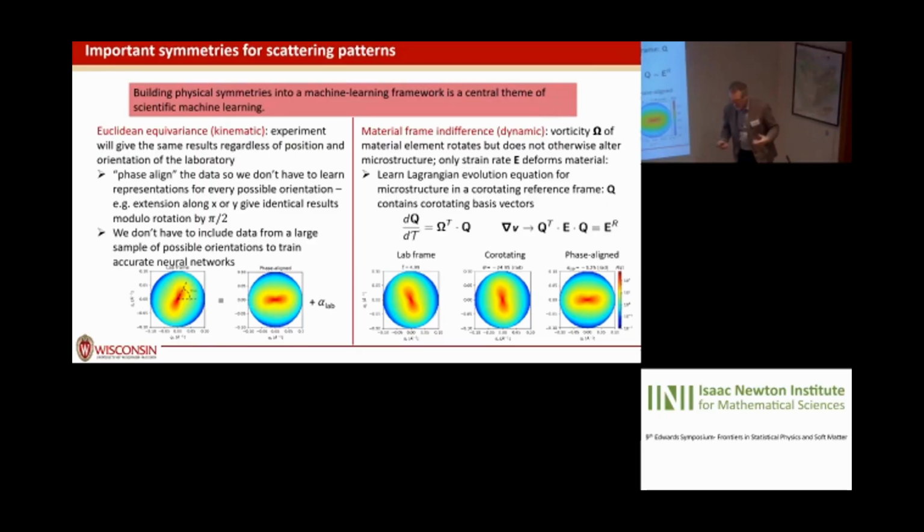And that's that data augmentation step. That's one way to deal with things. It's approximate and it's expensive. So if we factor out the symmetries, we can save a lot of time and then guarantee that those symmetries are satisfied numerically exactly. Okay.